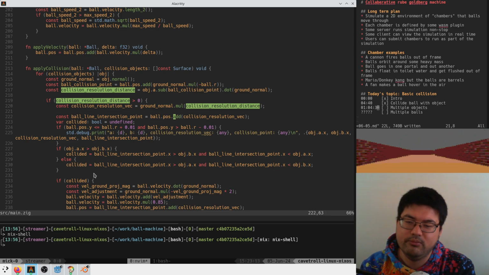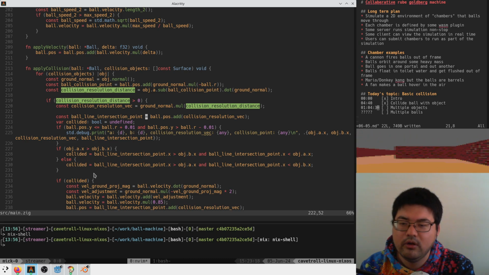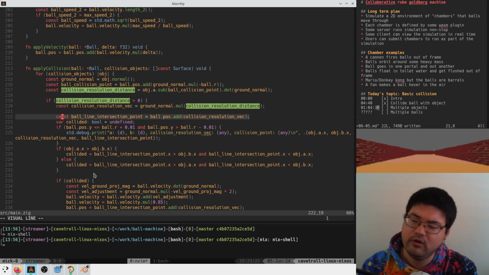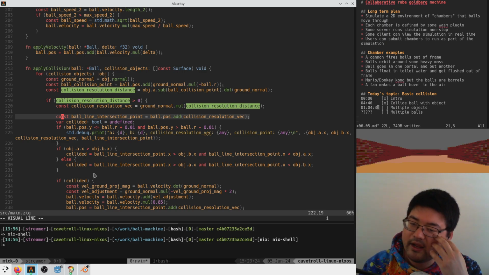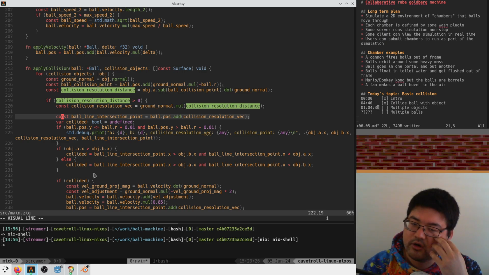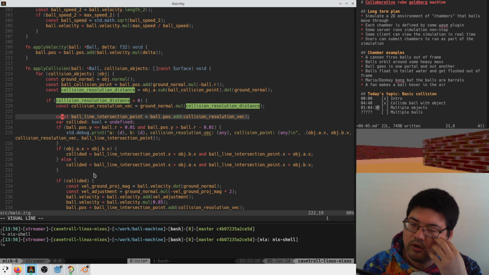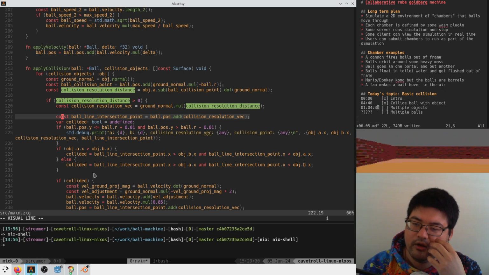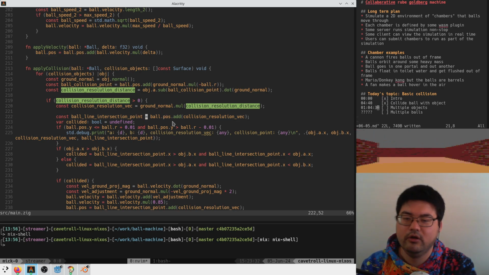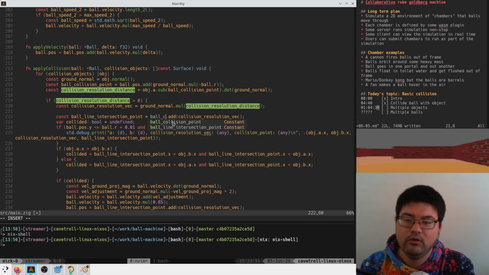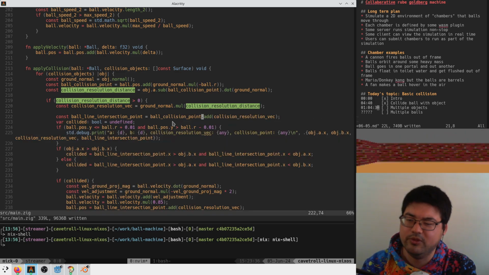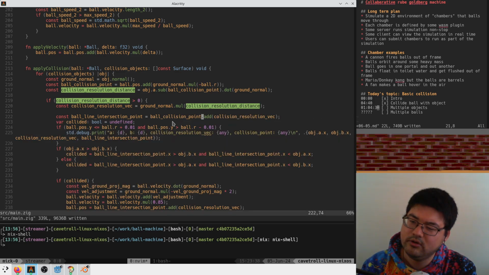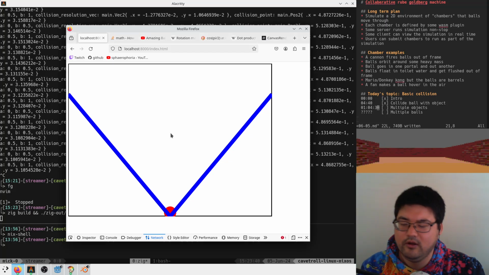So here we take the ball position and we add the collision resolution vector. Let's think about that. Ball, line, intersect. This is wrong. Because we're adding from the center of the ball instead of where? The ball collision point. This feels more correct? That could be it.